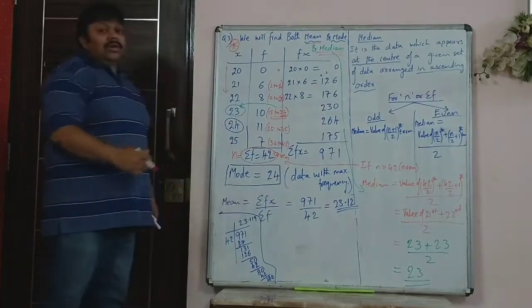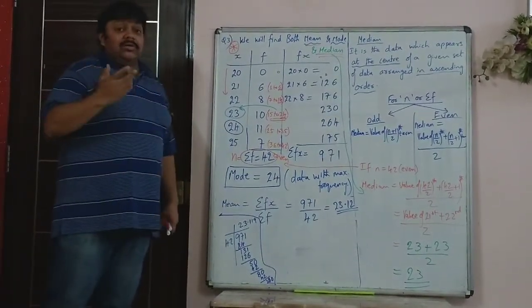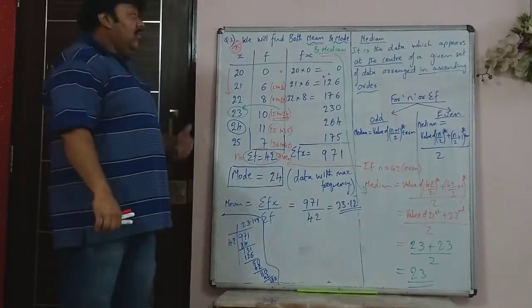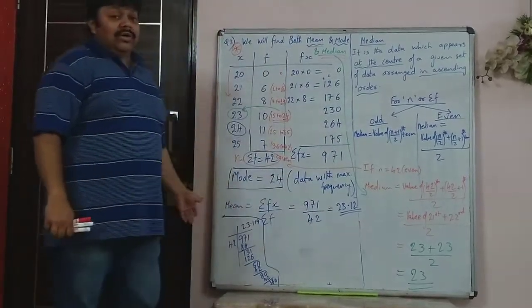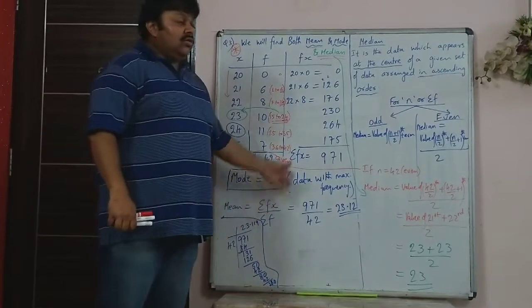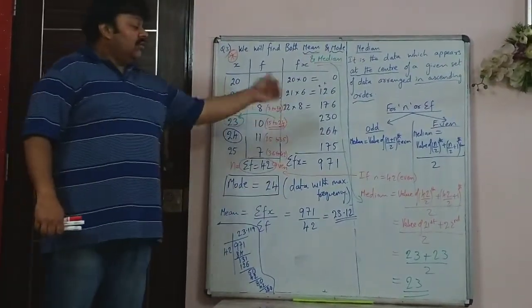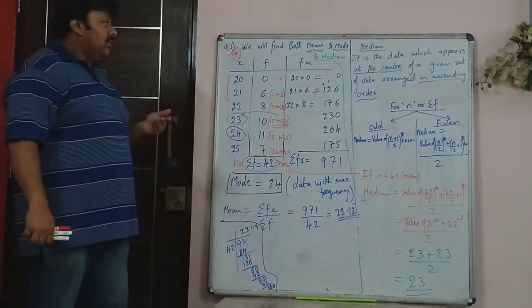So the mean and median will be asked along with the mode for 4 marks or 3 marks. Maybe 1 mark each for mean, mode and median, or maybe 2 marks for finding mean and 1 mark each for finding mode and median. So copy this and copy that example also along with this. The formula is given there because in the next sum we also need to find the median.